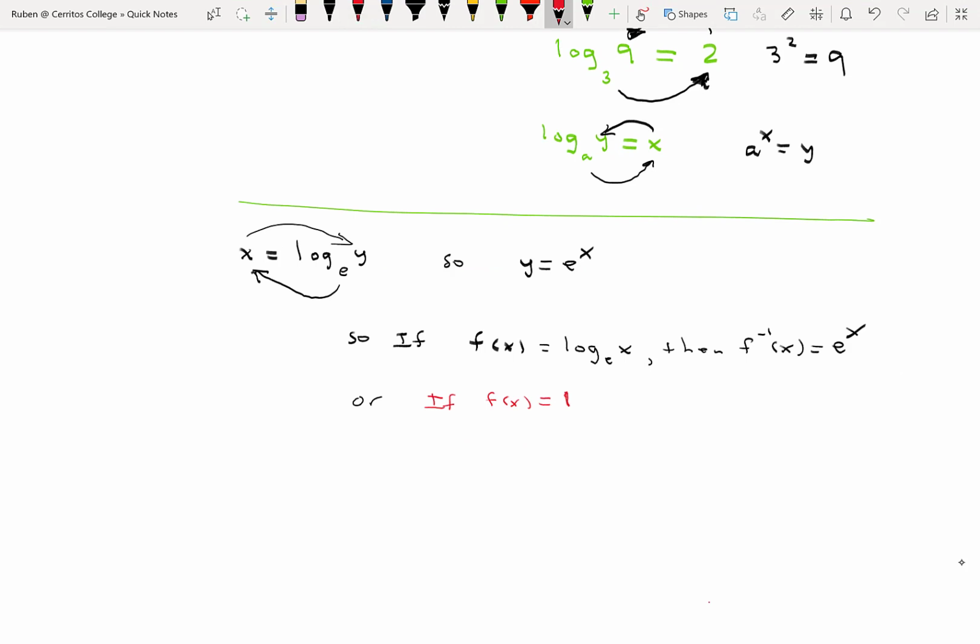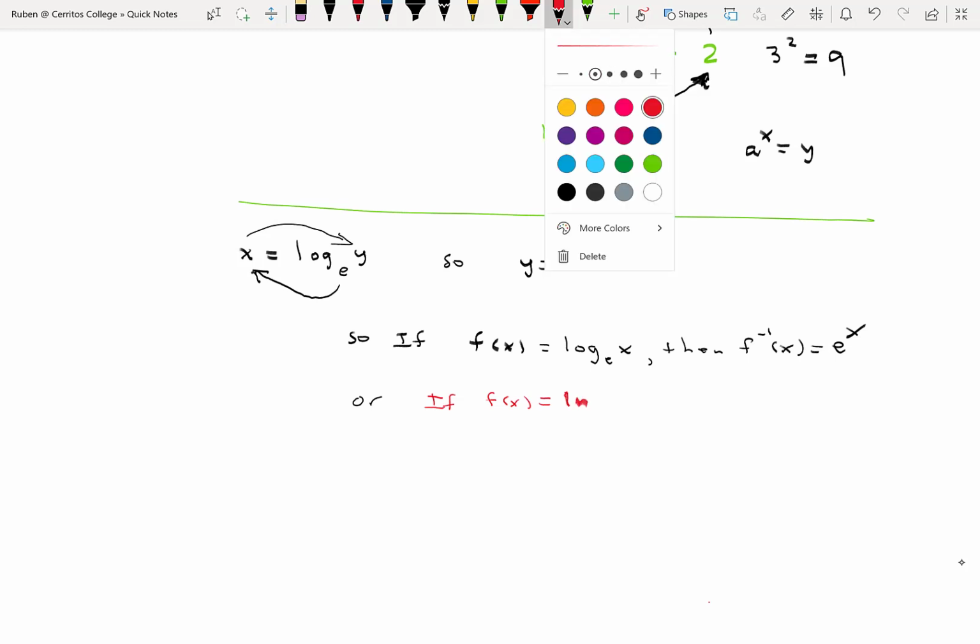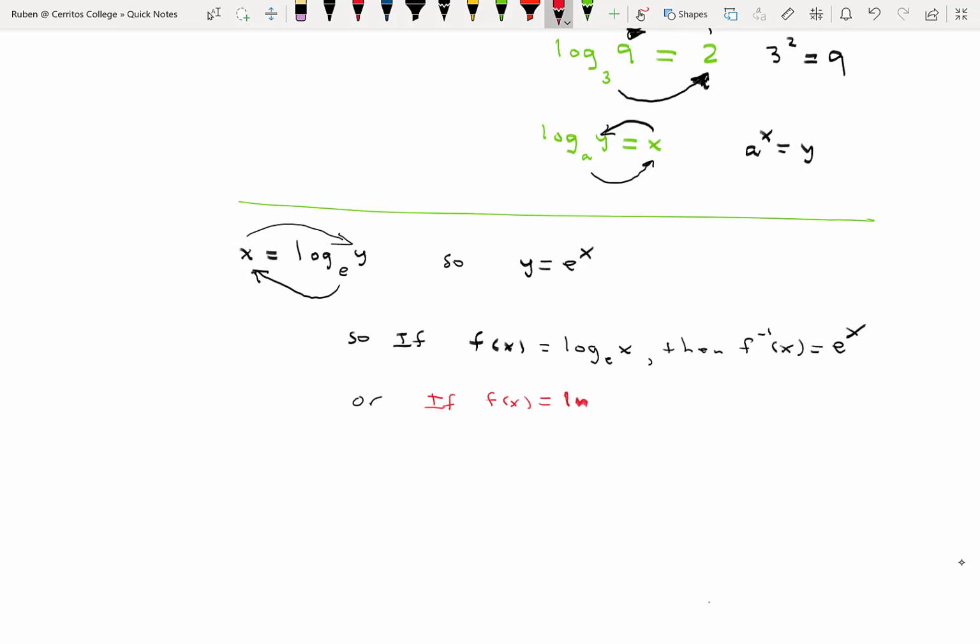All right, so if f of x equals the natural log of x, then f inverse of x equals e to the x. This is probably the most important thing early in this section.